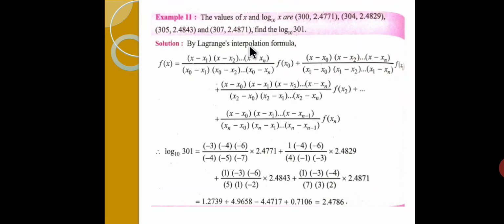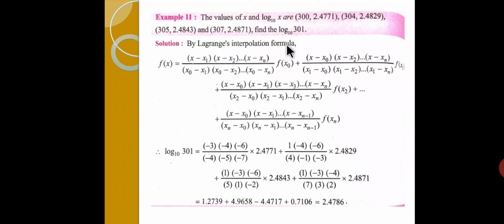So in this, x0 is equal to 300, x1 is equal to 304, x2 is equal to 305, x3 is equal to 307, and y0 is equal to 2.4771, y1 is equal to 2.4829, y2 is equal to 2.4843, and y3 is equal to 2.4871.